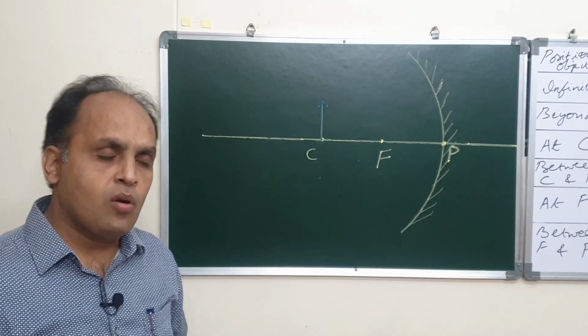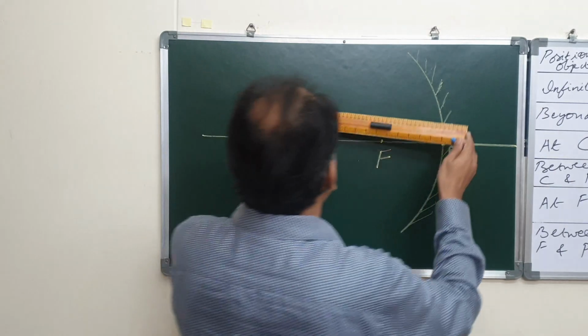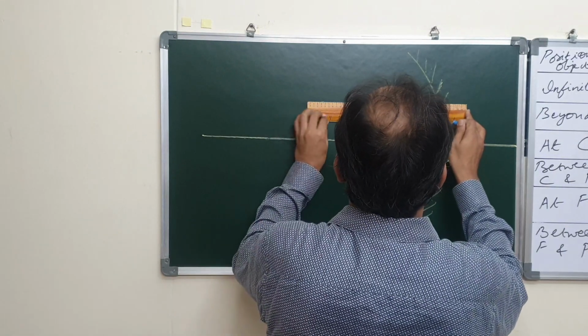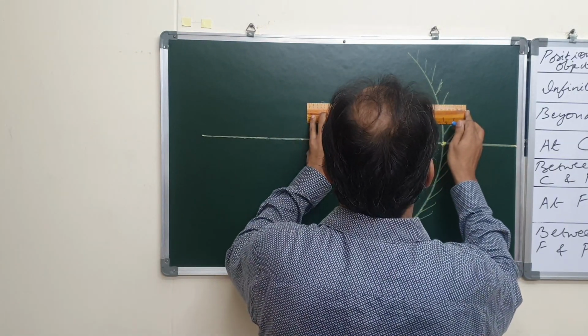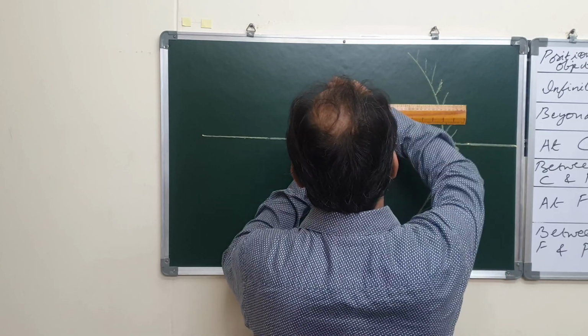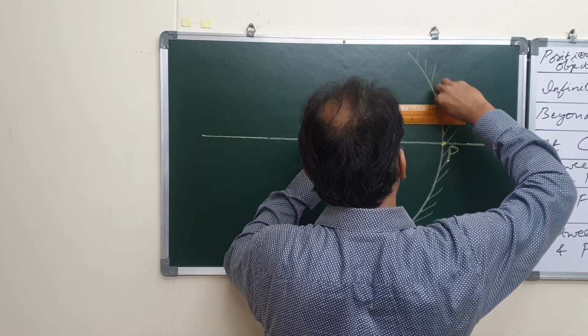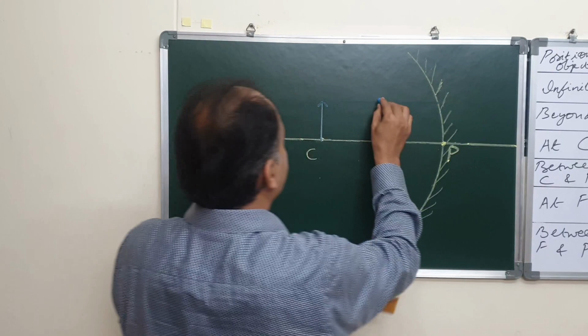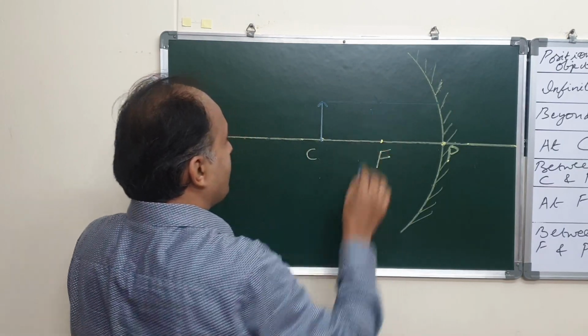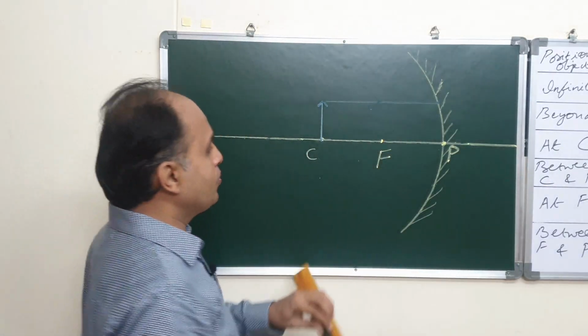And we will draw one ray parallel to the principal axis. And the other ray through focus.